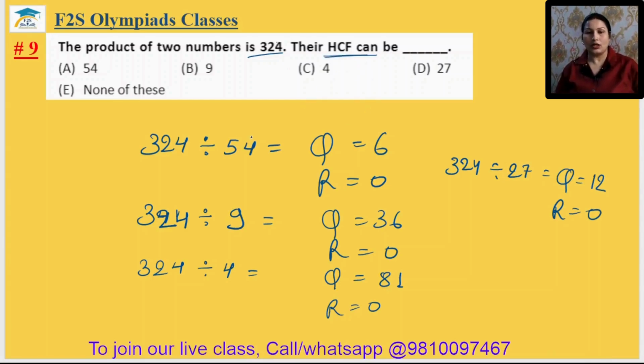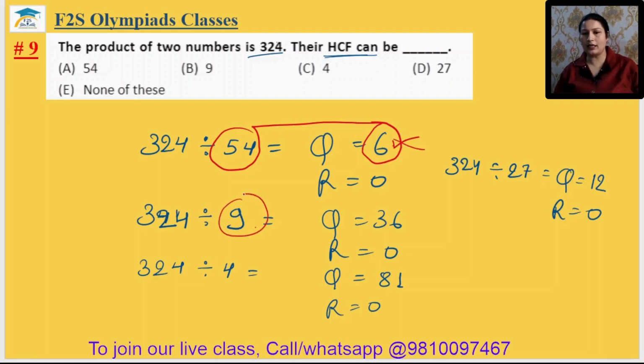Now their HCF can be. So check 54 and 6. HCF will be what? Will be 6. 6 will be the HCF. No, not possible. Okay? Now check with 9 and 36. 36 is completely divisible by 9.